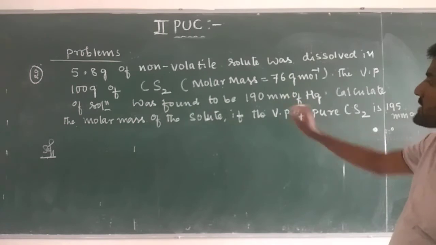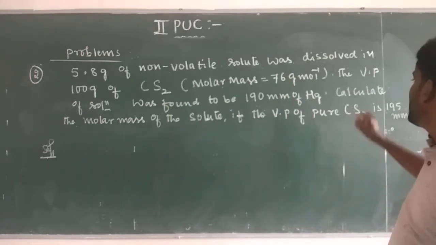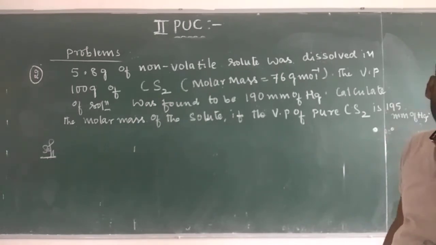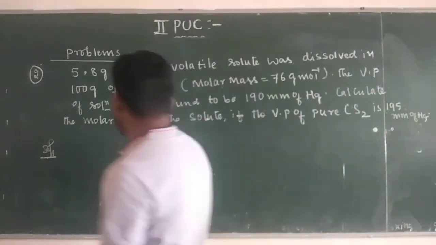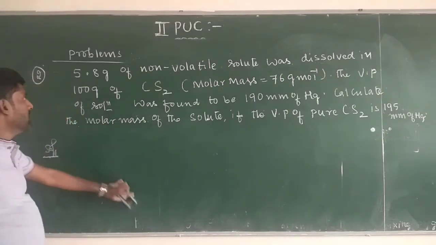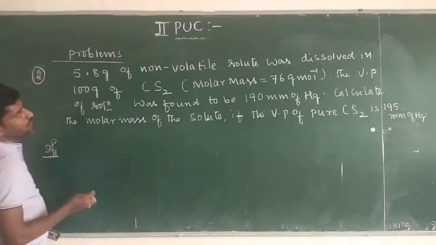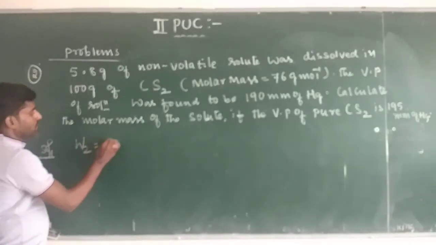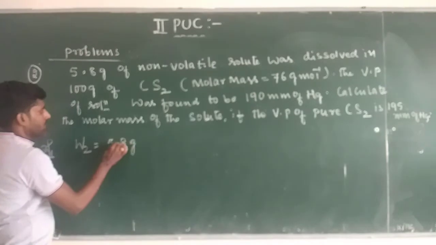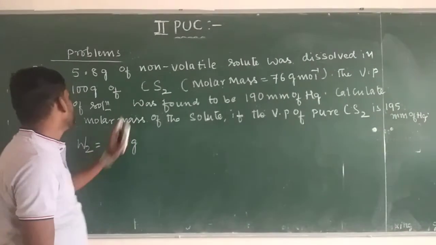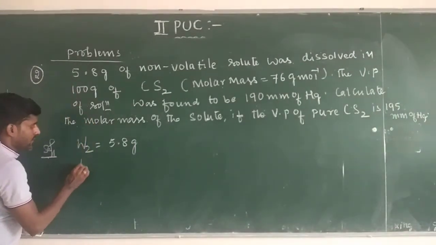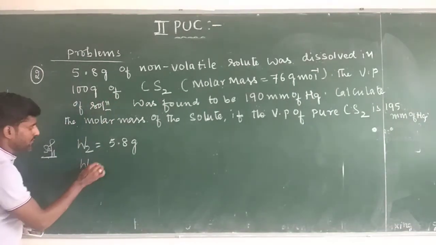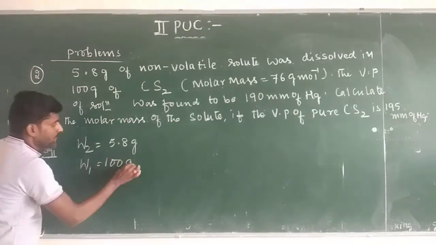Calculate the molecular mass of the solute if the vapor pressure of pure carbon disulfide is 195 millimeter of mercury. Let us write the given data. 5.8 gram of non-volatile solute is nothing but the mass of solute, W2, 5.8 gram. And next, dissolved in 100 gram of carbon disulfide, so that is the mass of solvent, W1, 100 gram.